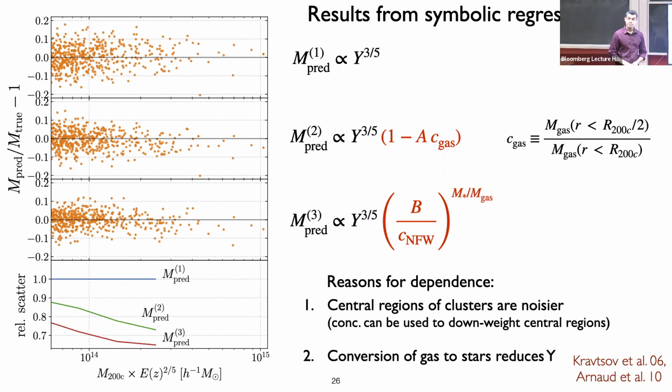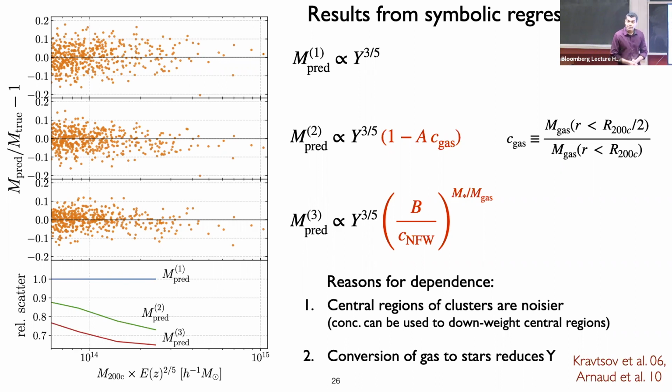Why is there a 2 or a 3 in the equation? In some cases you allowed C gas, in other cases CNFW. Why is it not a combination? In this case, we allowed even the C gas, but it did not pick it. It has to pick the most concise.